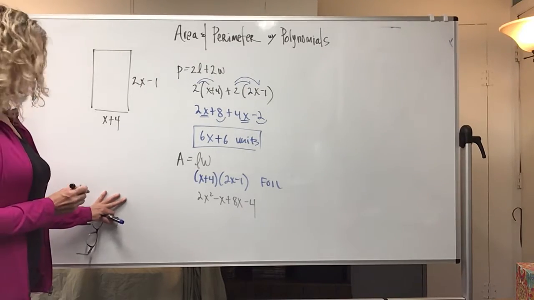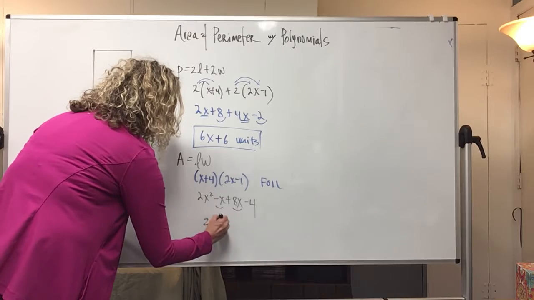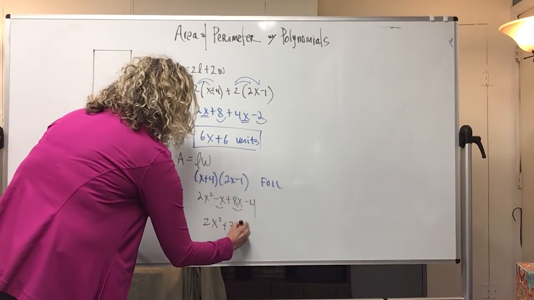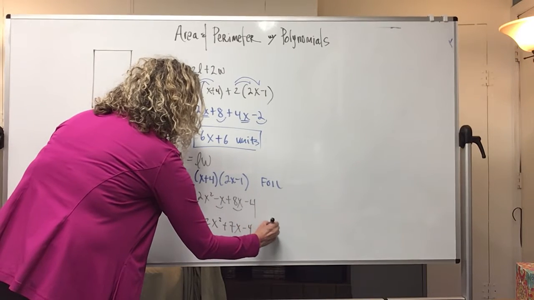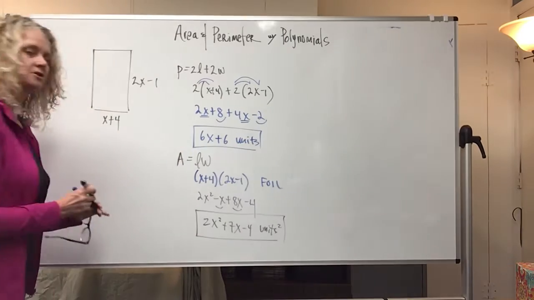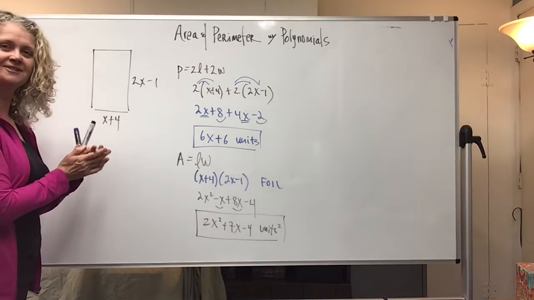And now we need to combine like terms. In this case, we only have the center terms that are alike. Negative x plus 8x is 7x. And area is always, whatever the units happen to be, squared. And that's area and perimeter using polynomials for rectangles.